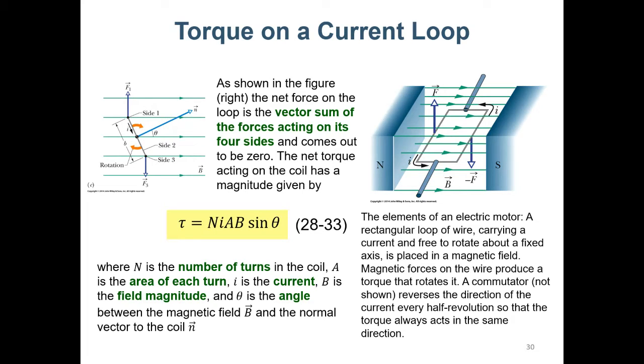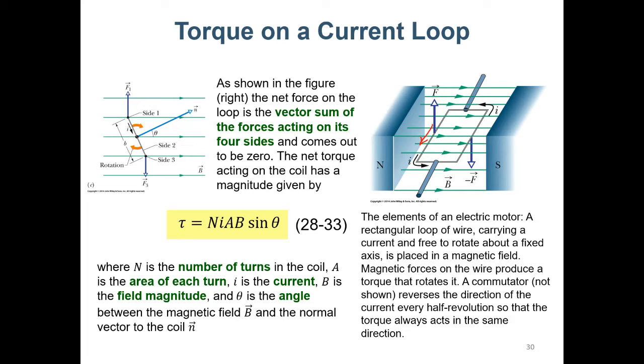Consider the current is counterclockwise, which means for the left side, the current is going this way, and the B pointing to the right side, so I cross B pointing upward. So the force acting on the left wire will point upward.